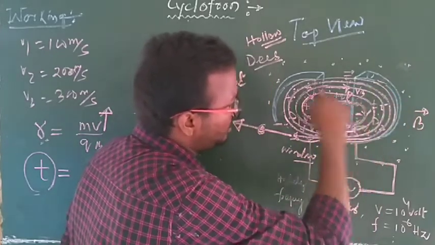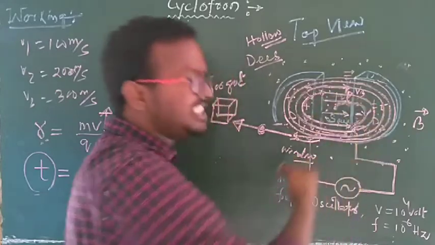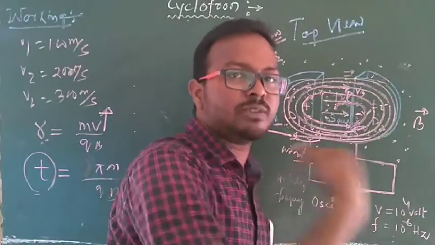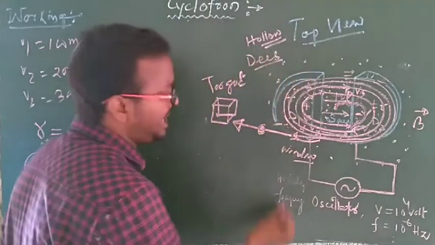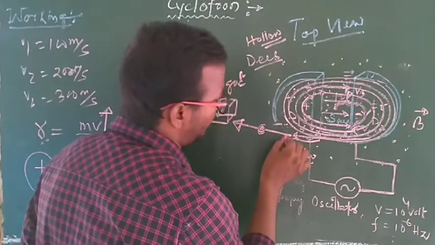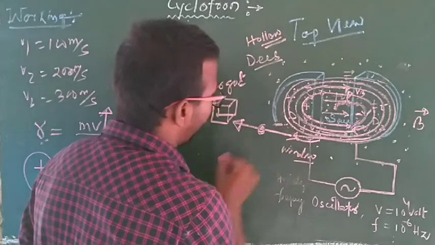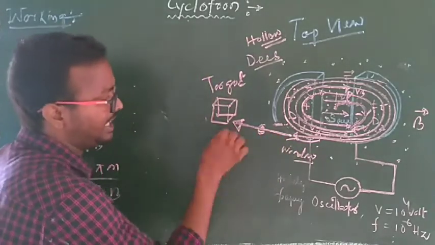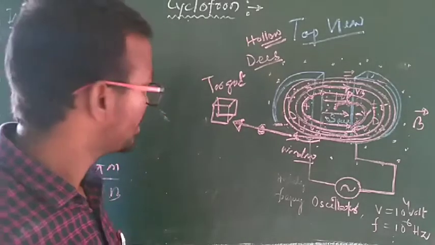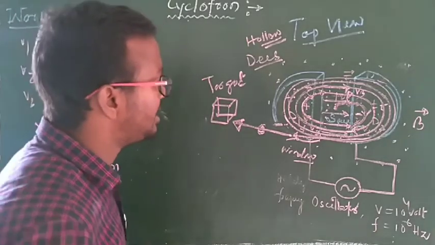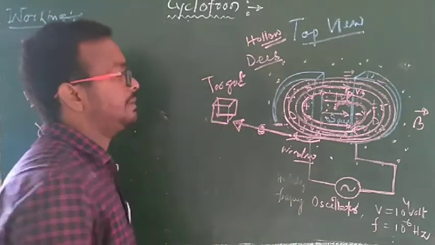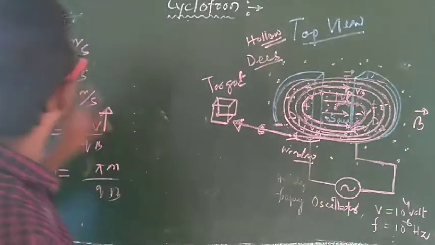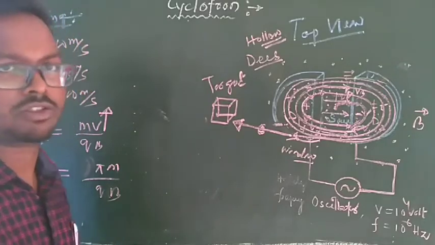So in this way it changes its velocity, and if speed changes, then the energy of the particle also changes. Finally, it comes through the window by the deflector and hits the target with high energy. So the target will be destroyed. Now we can study the target. Clear? This is the concept, or the working, of the cyclotron.